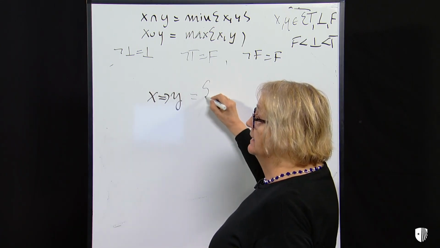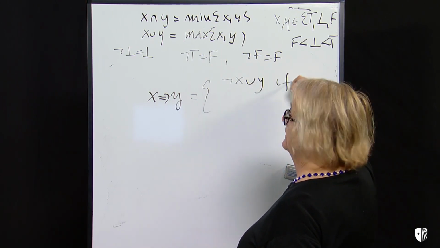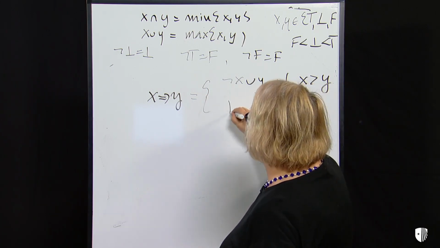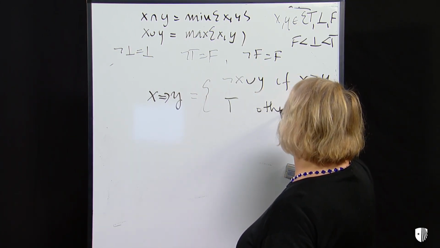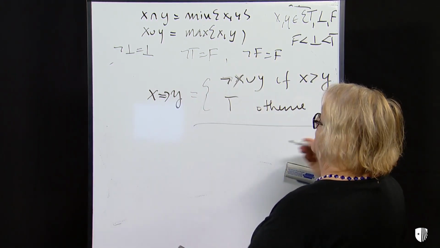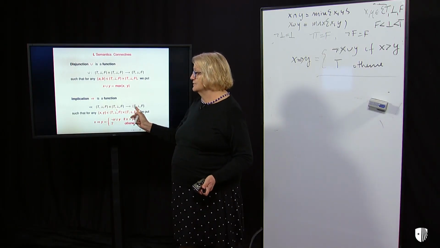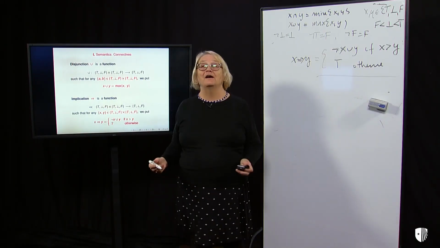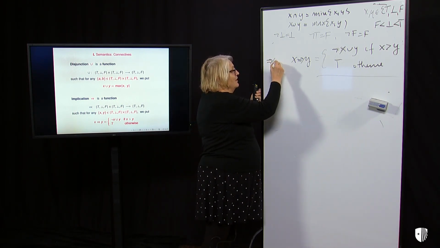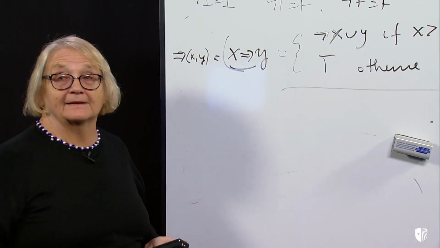X implies Y equals not X or Y if X is greater than Y, and T otherwise. And this is a nice function, right? The implication is a function which takes 2 values, and this is your formula. That's why we write it like that.